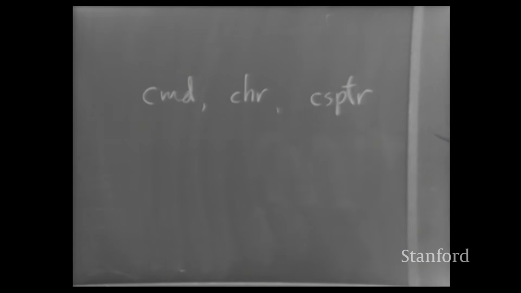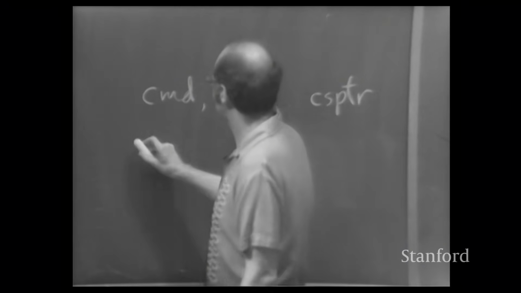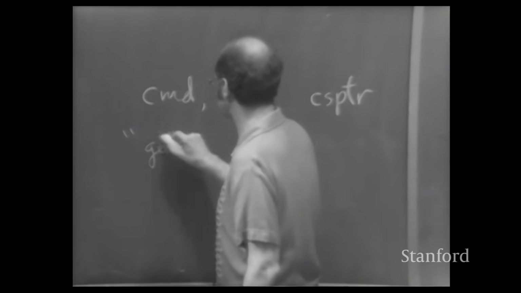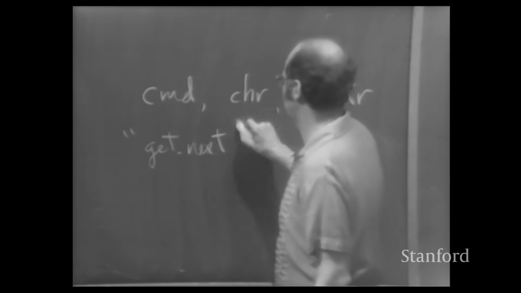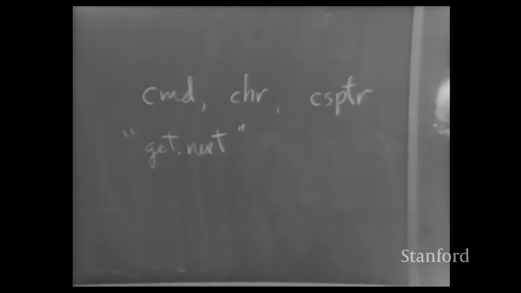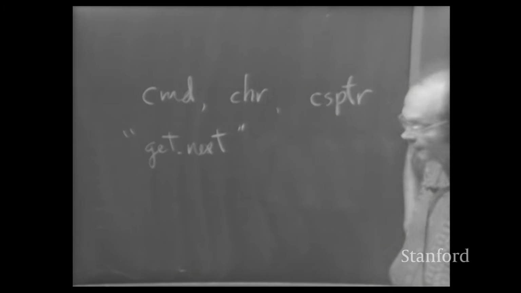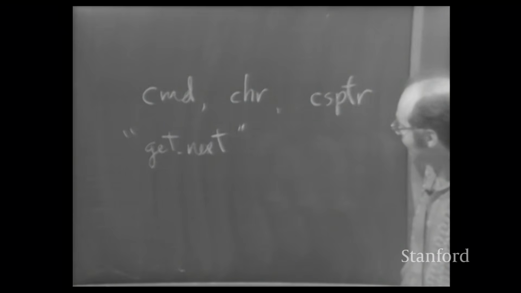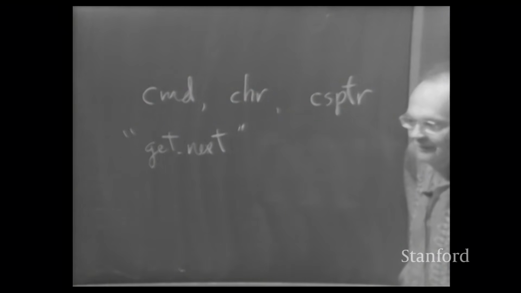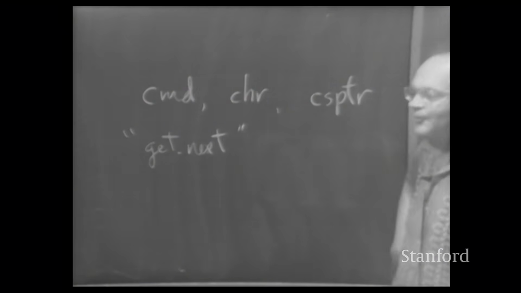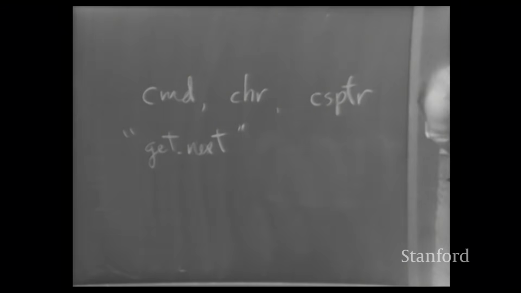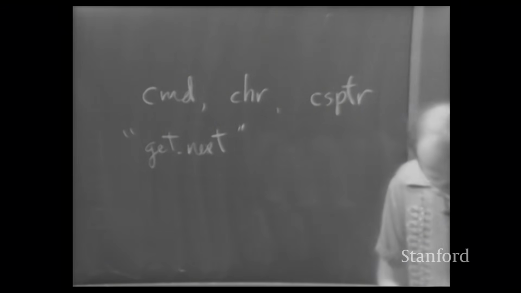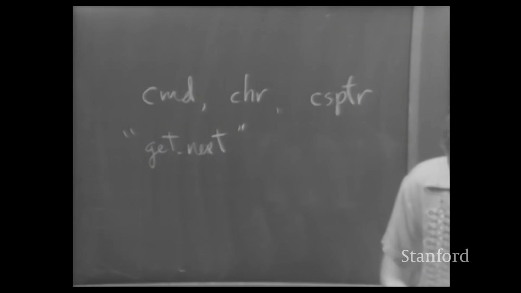So the thing that delivers the next token is called get next. Subroutine get next. And its job is to get the next token of input. Now, that might sound like an easy job. After all, you just advance your pointer 1 in the buffer, and there it is, right? However, get next turns out to have a lot of different things that it might be having to get. For example, it might have to expand a macro.